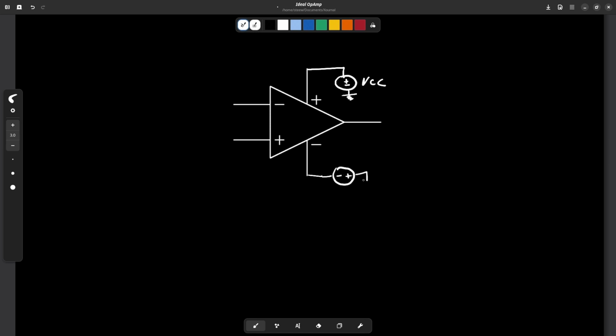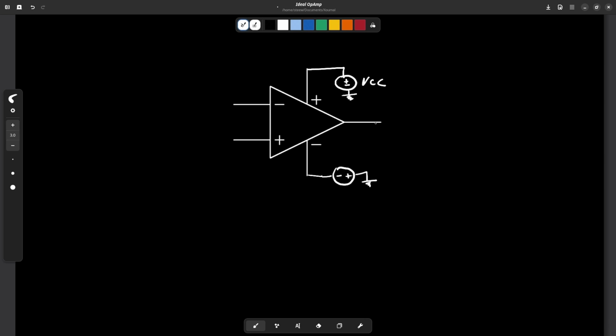So you have to connect the amplifier to voltage sources in order to bias it, because the operational amplifier is composed of transistors internally and they have to be biased for it to operate.